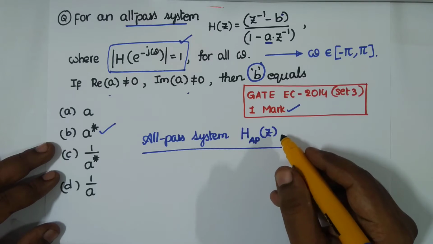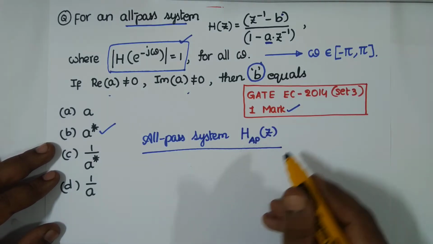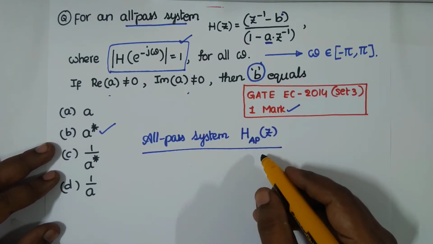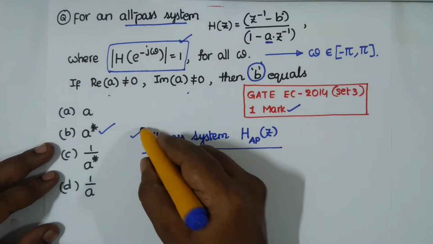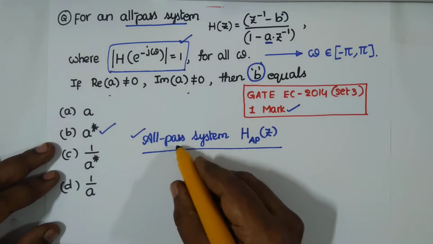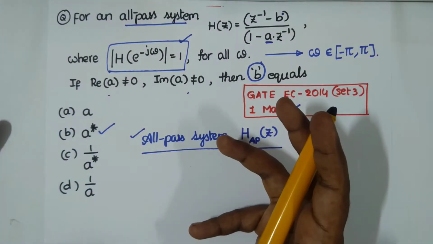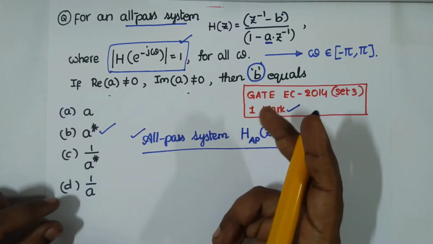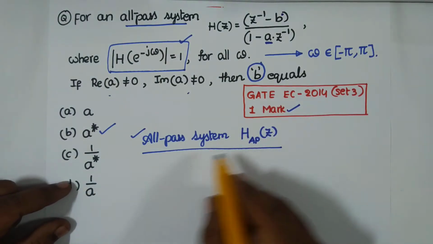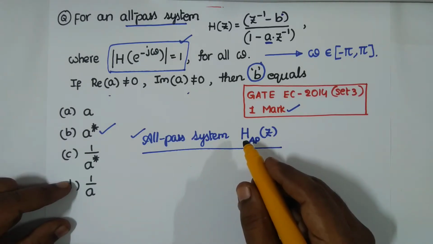Now the magnitude of the frequency response is constant for all frequencies. That's the meaning of an all-pass system, right? So this fellow will not show any partiality among various frequency components. He will give equal priority to all frequency components. That's the meaning of an all-pass system. That means all frequencies will be allowed.